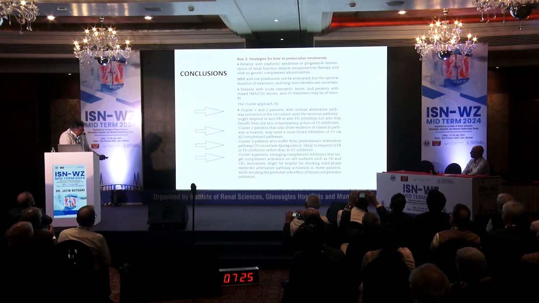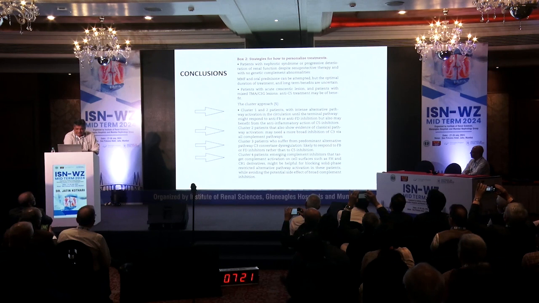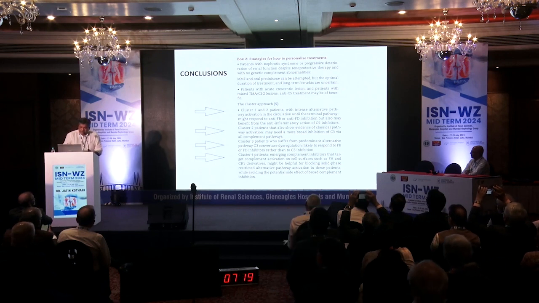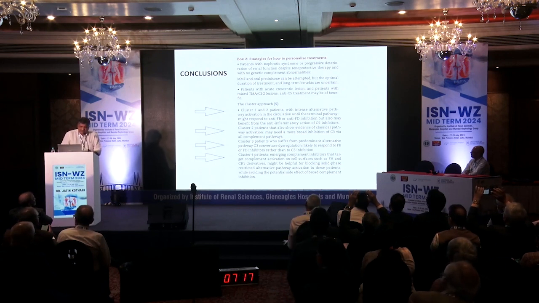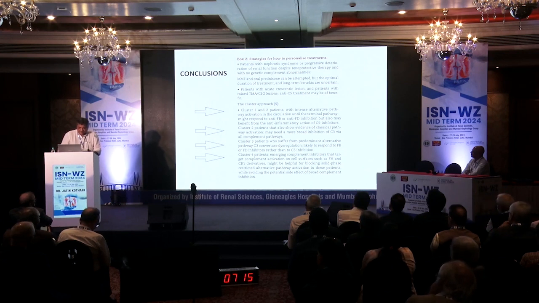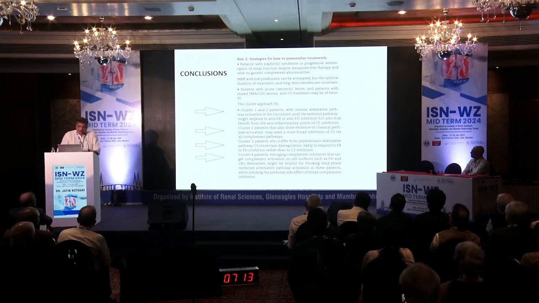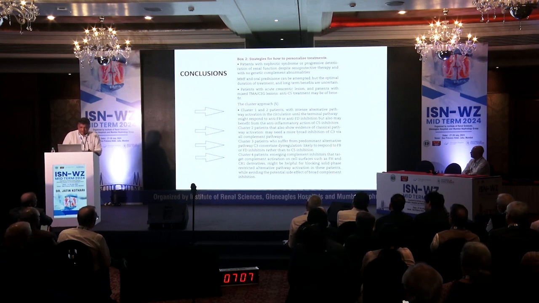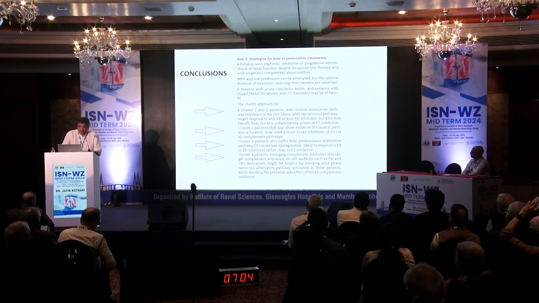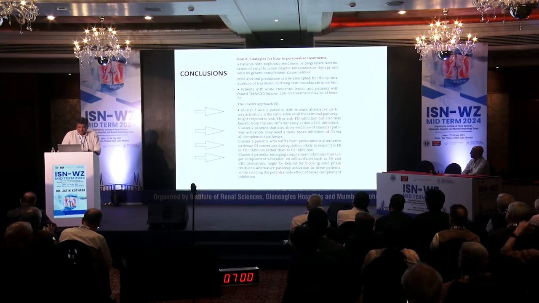So cluster 1 is where predominantly the alternative pathway activation is happening, and until the terminal pathway it is very much activated, where anti-factor B and anti-factor D drugs will be helpful. There might be some role of C5 inhibitors also. Cluster 2 is where probably there is an overlap with the classical pathway activation also, where more broad inhibition of C3 is recommended in this class of patients.